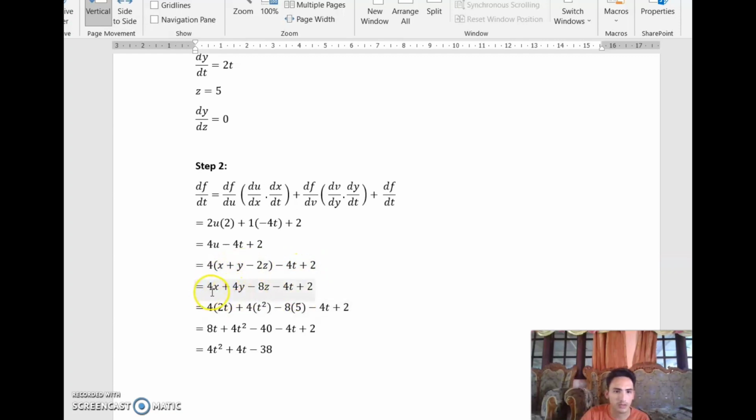We expand here, we get 4x plus 4y minus 8z minus 4t plus 2.